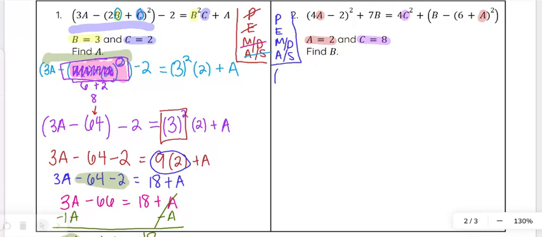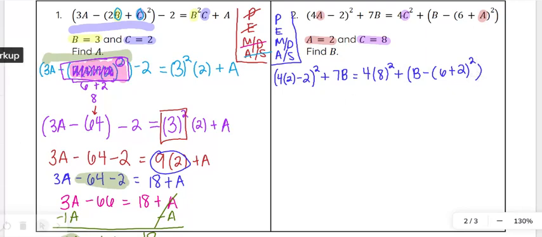So when we start plugging it in, we have 4 times (2 minus 2), close the parentheses, squared, plus 7b, we don't know what b is, equals 4 times 8 squared plus (b minus (6 plus 2) squared), and then close that parenthesis.